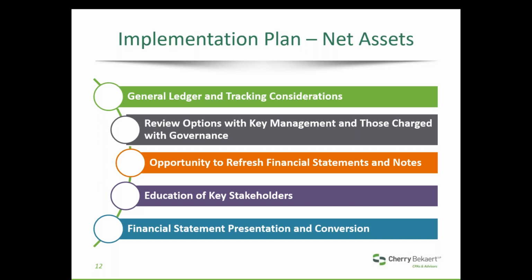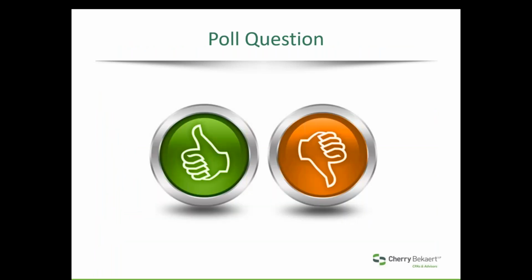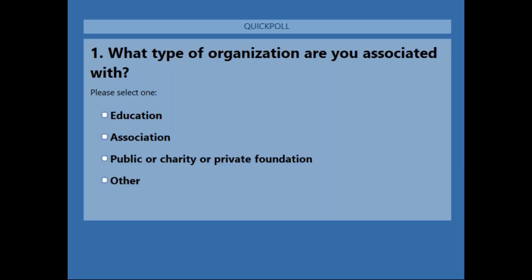So that brings us to our first polling question, which I think Chrissy is going to help pull up. And that question is, what type of organization are you associated with?